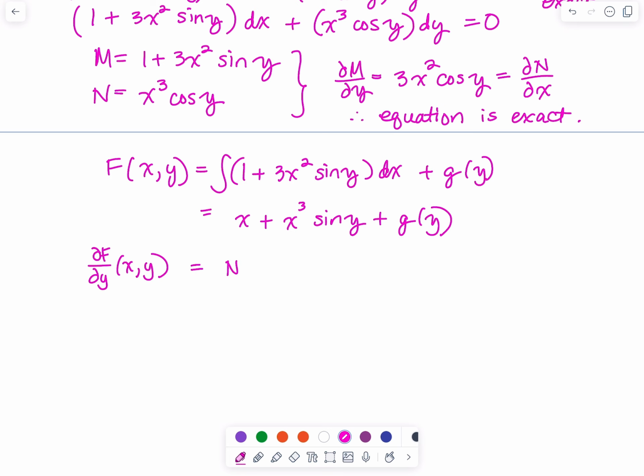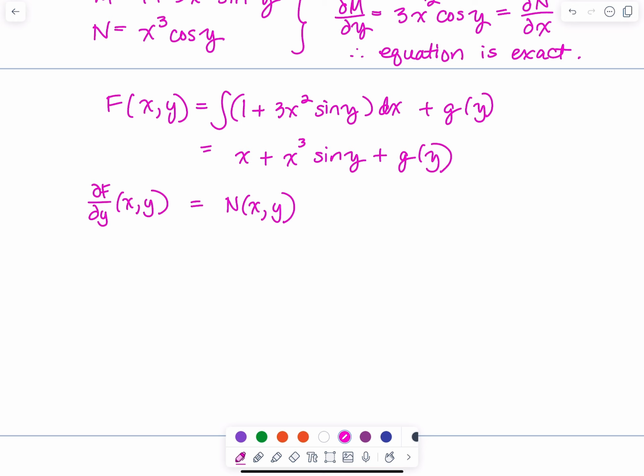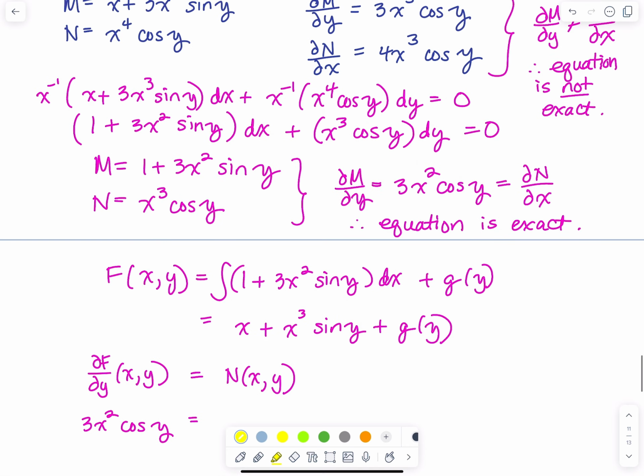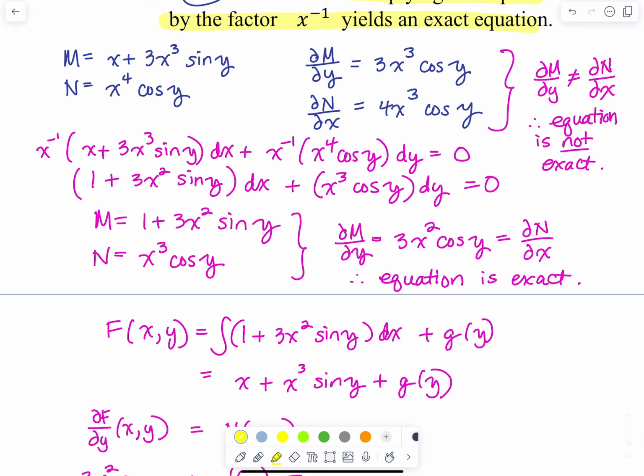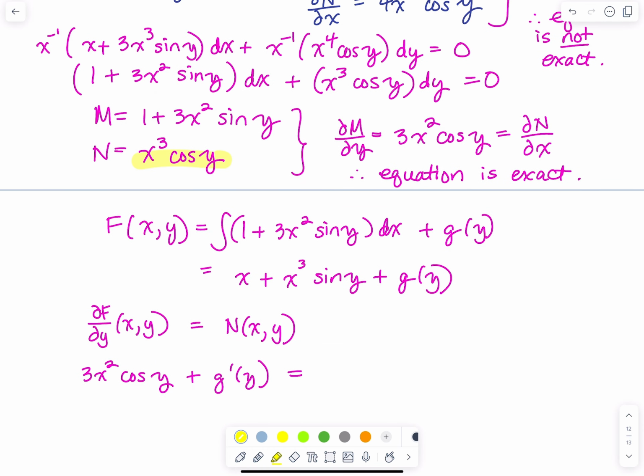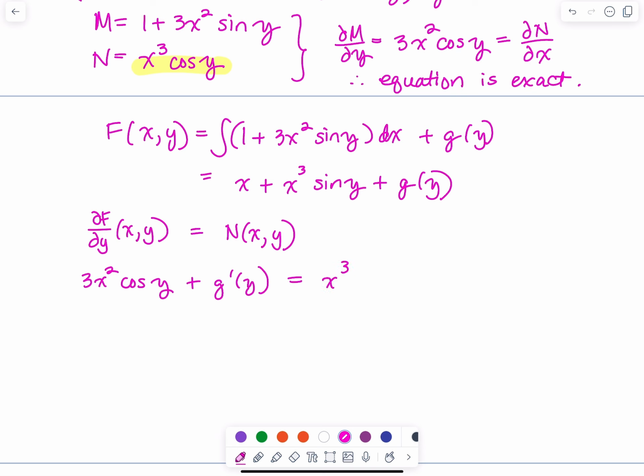So the partial derivative of f with respect to y is going to be 3x squared cosine of y plus g prime of y, and setting that equal to n here, we have x cubed cosine of y. And I made a mistake right here. This is just x cubed.